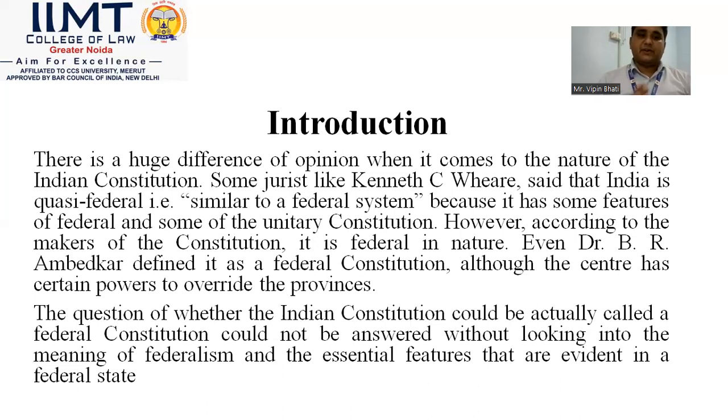For example, when we are talking about the federal nature, there are some provisions. Article 245 says that there is separation of power between the center and the states. One more example is Schedule 7 of the Constitution of India. In Schedule 7, there are three lists: the union list, the state list, and the concurrent list. These lists show the domain of the different heads.